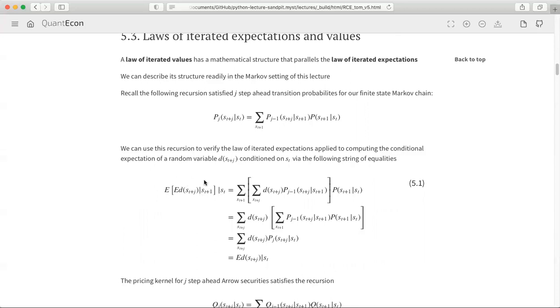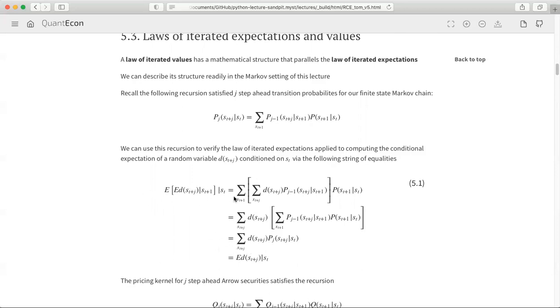The law of iterated expectations asserts that that's just equal to the expectation of d at time t plus j conditioned on s_t. So E of E just looks like this.